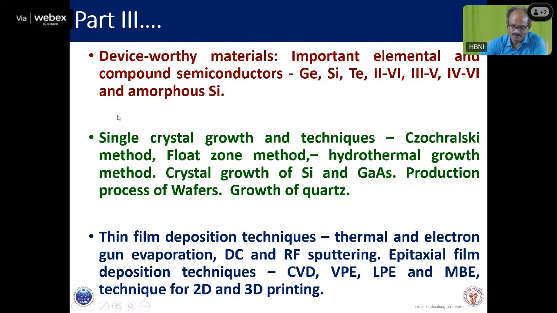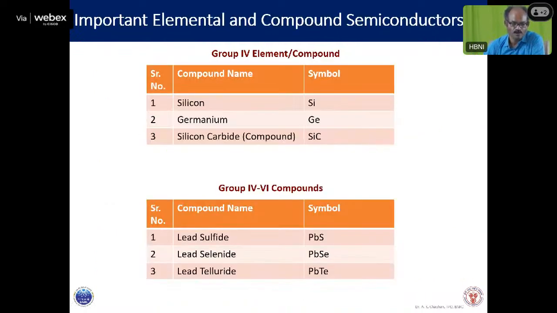These two parts we will see in the next lecture, and today, because this is a small part, we will try to finish it very quickly. So for important elemental and compound semiconductors, mostly whatever we are going to see now, we have already covered in the first lectures.